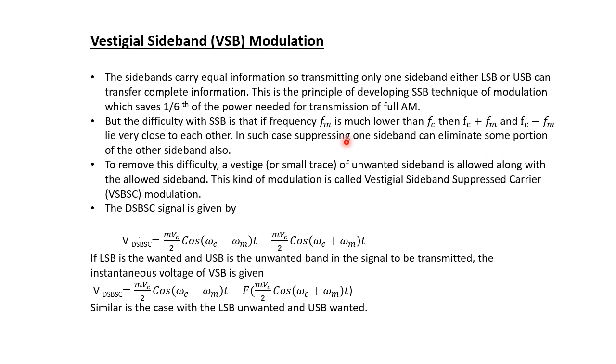Therefore, if we compare these two quantities, then Fc is much larger than Fm. Hence, we can say that Fc plus Fm, that is the frequency of upper sideband, and Fc minus Fm, frequency of lower sideband, they lie very close to each other because the quantity Fm is very small.